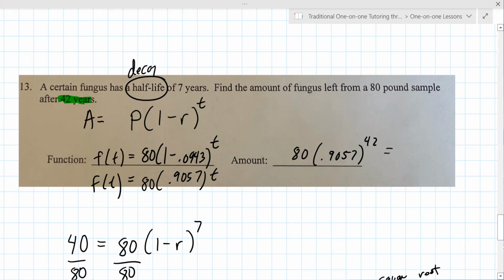It's not very much that is left. 1.1 or 1.2425. Yeah, good.